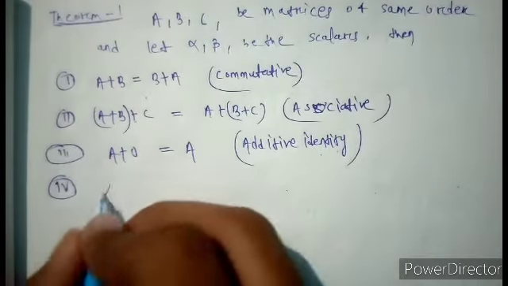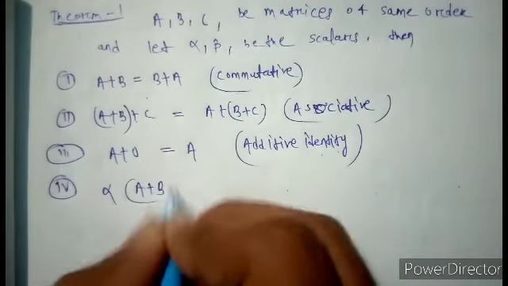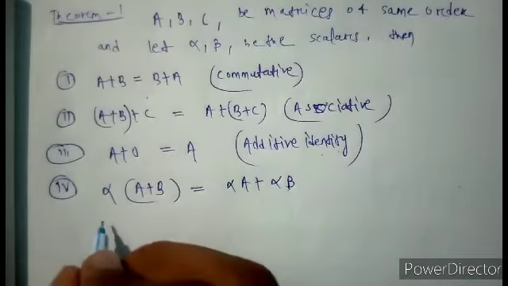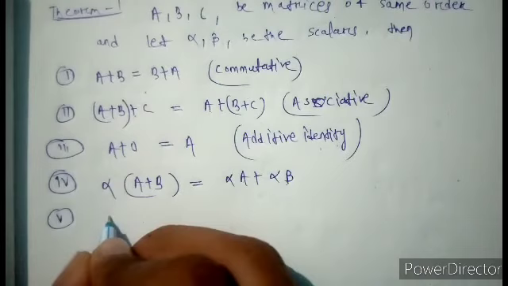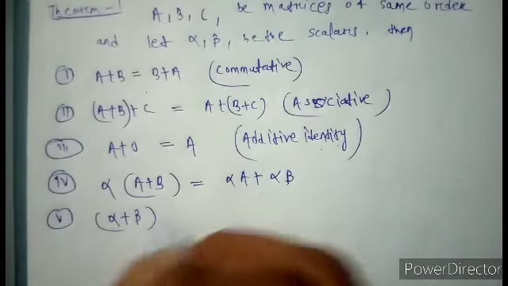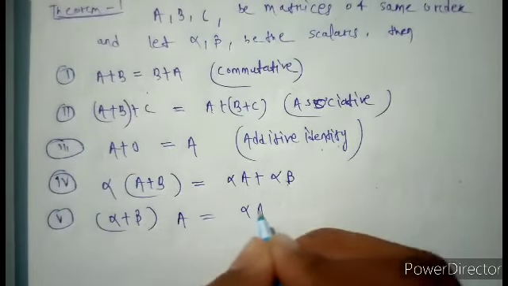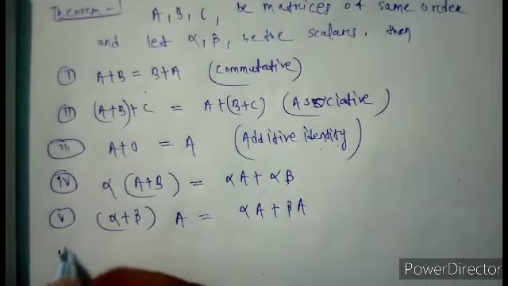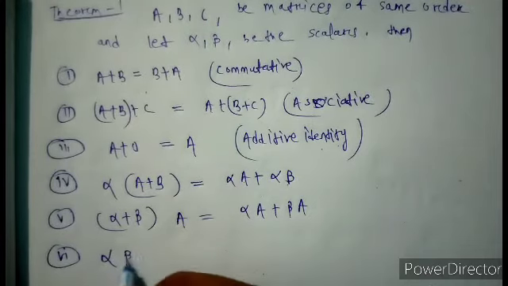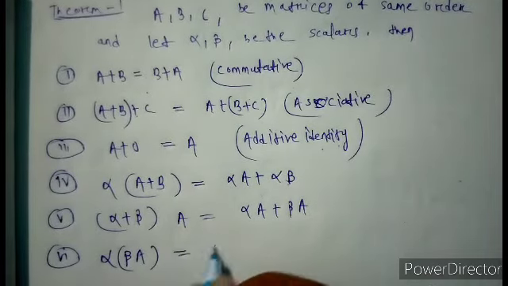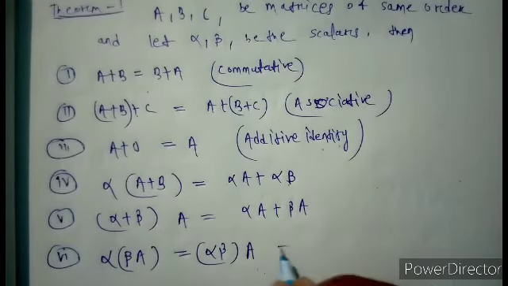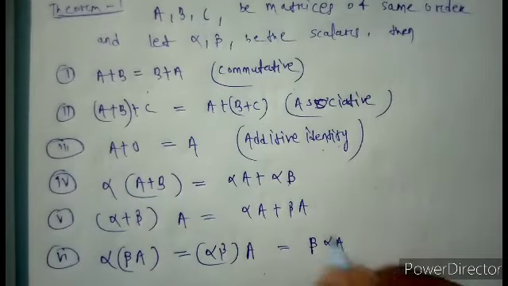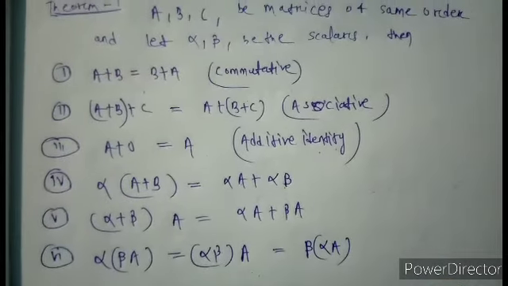Then alpha, the scalar, multiplied with A plus B is equal to alpha A plus alpha B. Similarly, alpha plus beta multiplied with A is equal to alpha A plus beta A. Then alpha beta A is equal to alpha beta A is equal to beta alpha A. So these are the theorems.